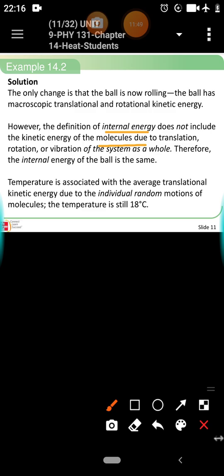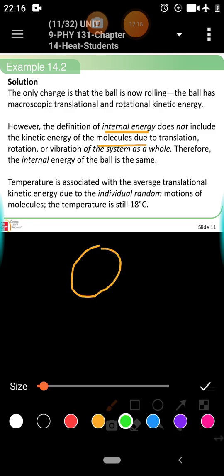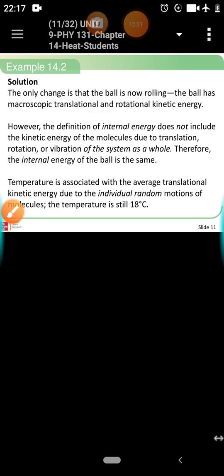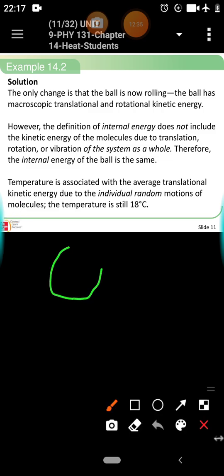So here, I hope you recognize that now we're talking of the ball as a system itself, not a case where we talk of a ball and a floor. If we were talking of a ball and a floor, this could be a different story. But now we are considering the ball as a system itself, so we are concerned with its temperature.